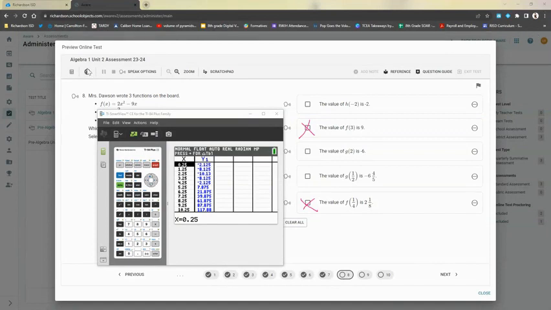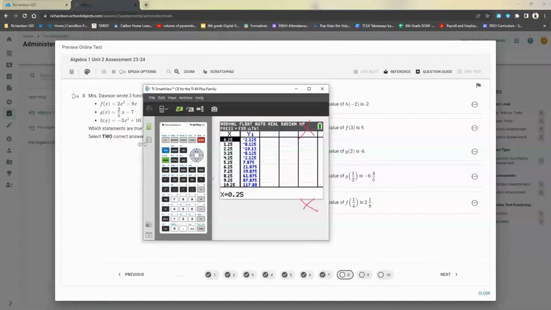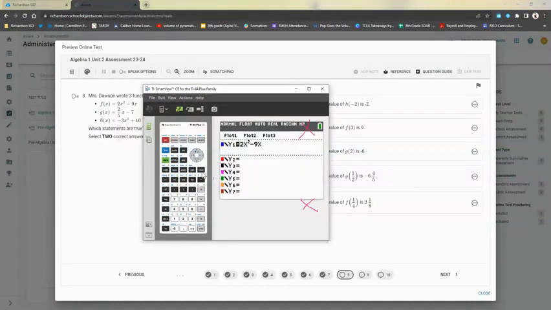So we're going to do y equals, clear this out, 2 over 5x minus 7. Then I'm going to do second window and put in 2, and second graph.